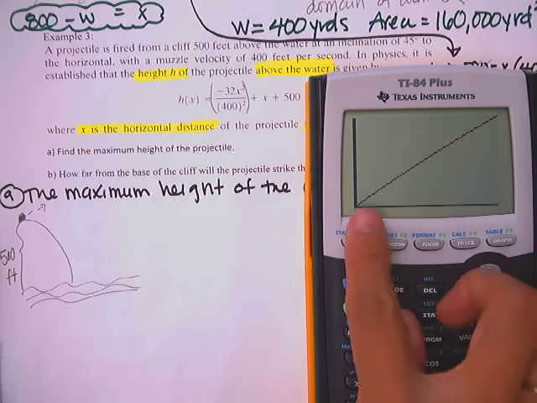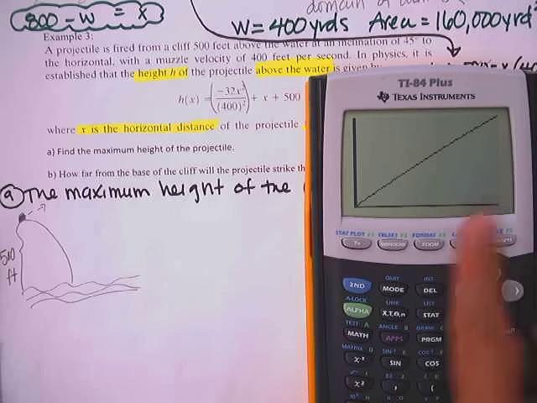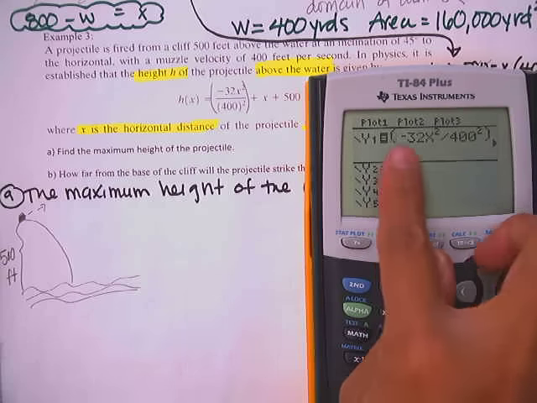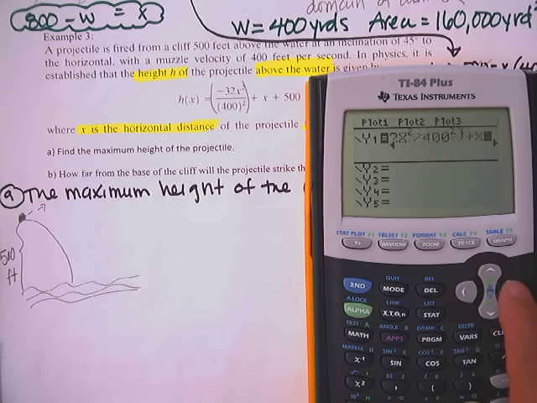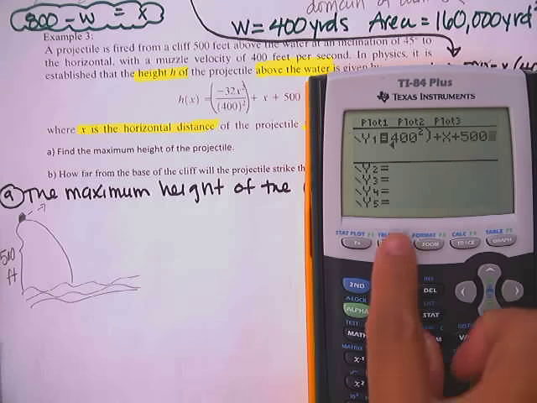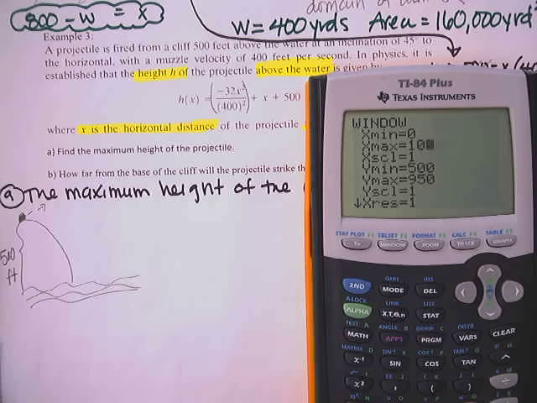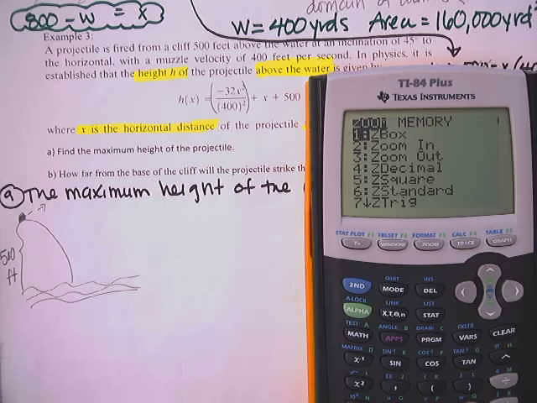My x max is not enough, so let's go back to the window and change it some more. Check your equation to make sure things look okay. So you have negative 32x squared divided by 400 squared, and then I added the x, and then we added 500. Window 0 to 500, that's not quite enough. Let's go 0 to 1000. Zoom fit again.